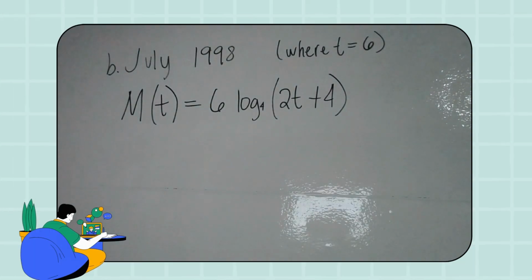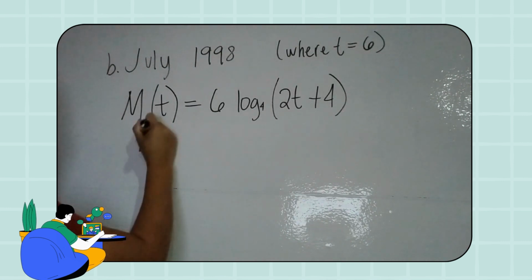Now, let us proceed to July 1998, where t is equal to 6. It is the same process: substitute t equals 6 into the function m of t equals 6 times the logarithm base 4 of the quantity 2t plus 4.